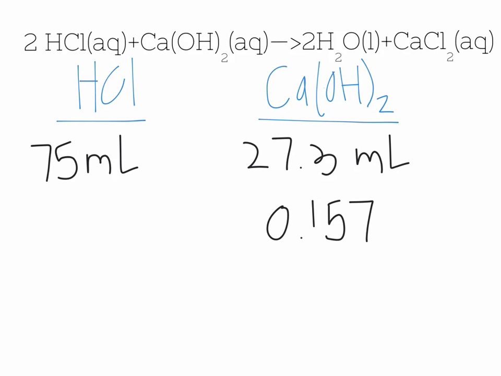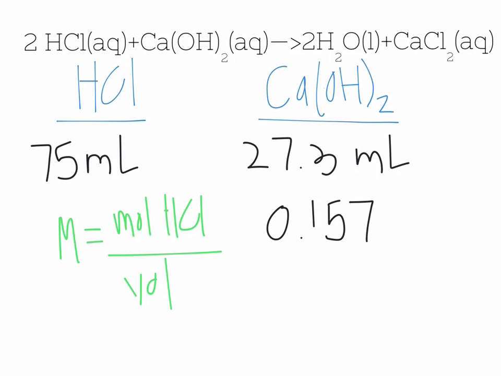We know that to find the concentration of hydrochloric acid, we will use the formula concentration equals moles of HCl divided by volume. To find the moles of HCl, we will use the moles of calcium hydroxide and the stoichiometry in the balanced chemical equation. We will use the 2 in front of the hydrochloric acid and the 1 in front of calcium hydroxide.